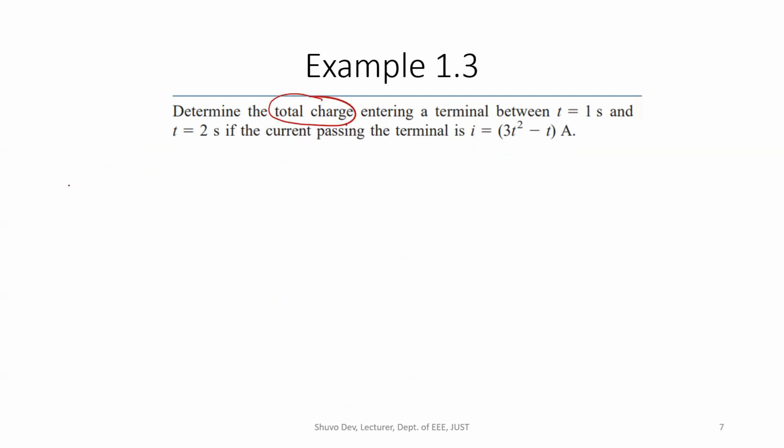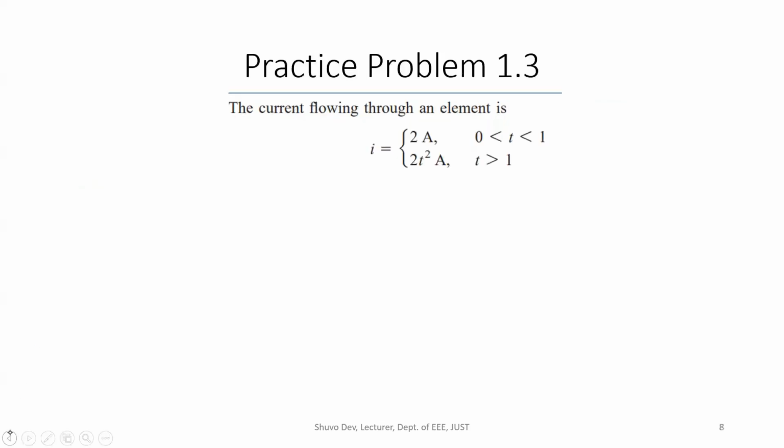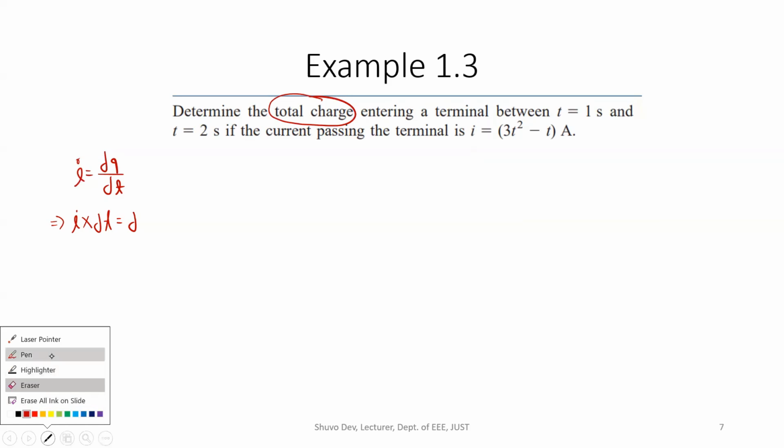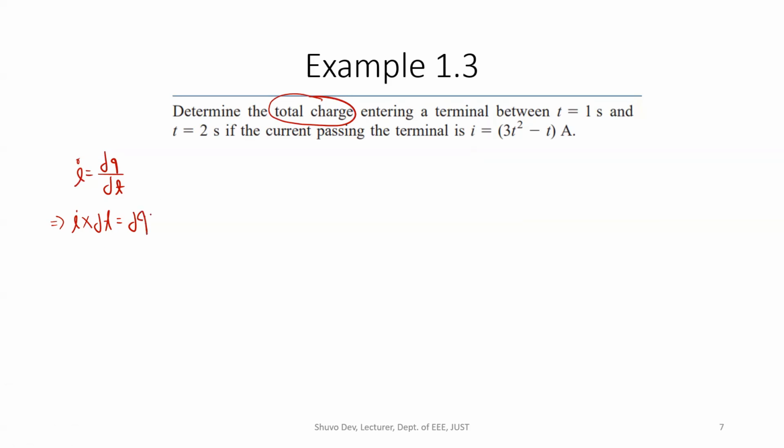To find the total charge, we know the very common formula i is equal to dq divided by dt. If we modify this, i dt is equal to dq.